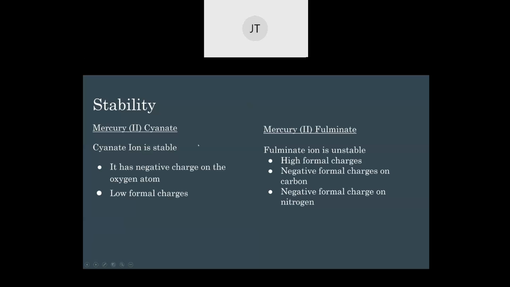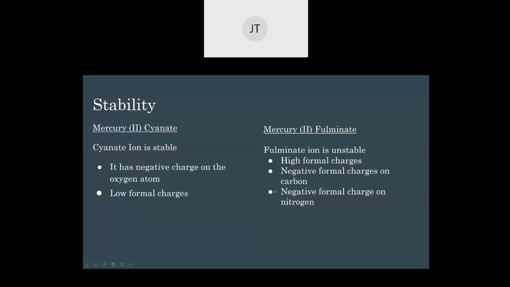Stability. Mercury 2 cyanate is stable. It has a negative charge on the oxygen atom and it has low formal charges. The mercury 2 fulminate is very unstable, and this is due to having negative charges on the carbon and negative formal charge on nitrogen. It has also high formal charges.